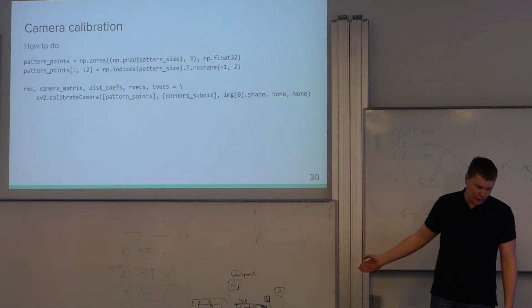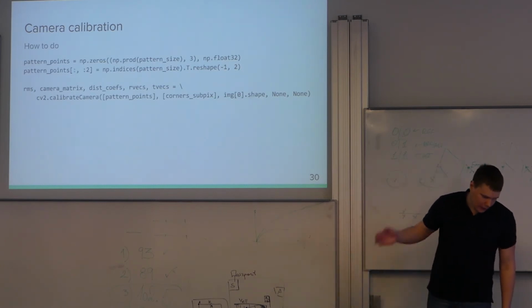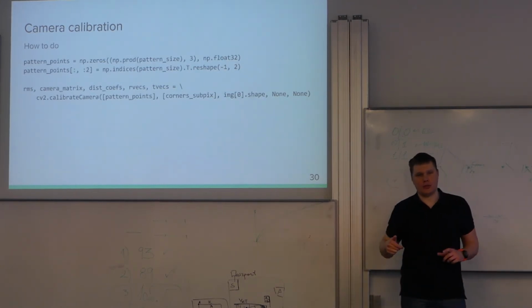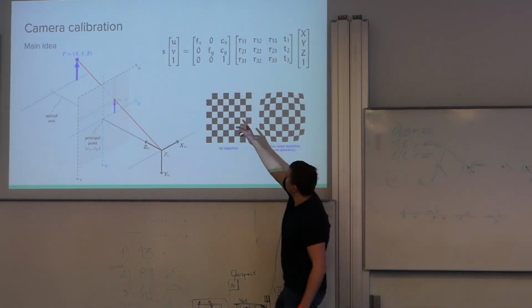And it returns the reprojection error, the root mean squared error, and the camera matrix, which is a 3x3 matrix.